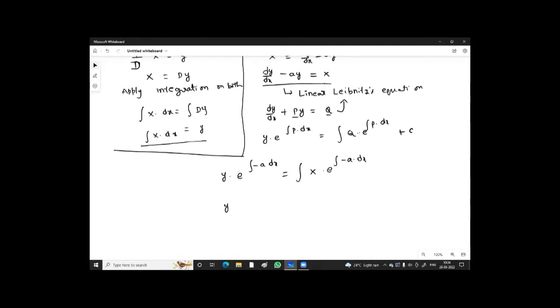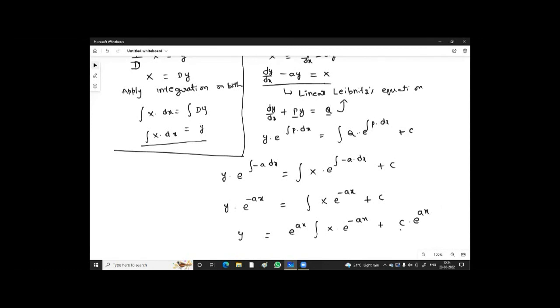So y into e to the power minus a times the integration of dx, which is x, is equal to integration of X into e to the power minus ax, plus a constant. The constant will be there every time like this. So y is equal to, bringing e power minus ax to the other side, e power ax integration of X into e to the power minus ax, plus c into e to the power ax.